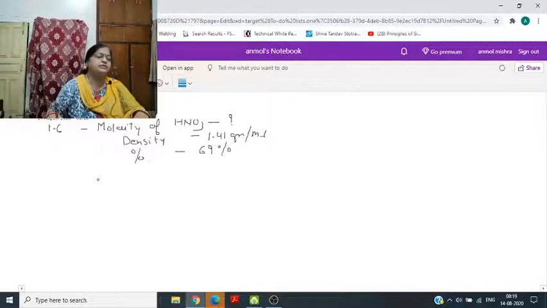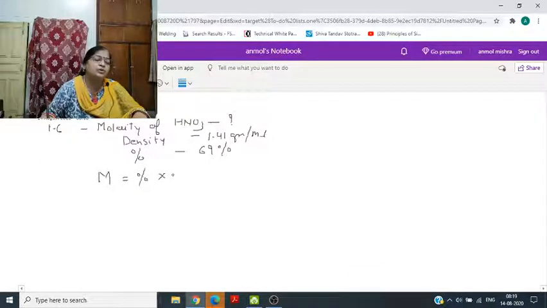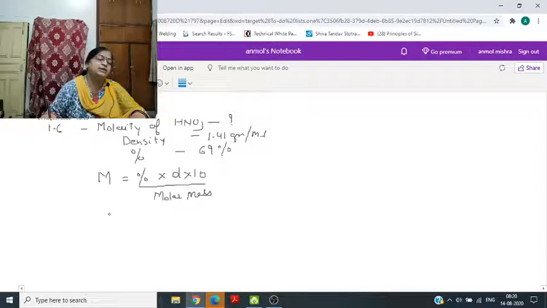So again I will give you the formula. Molarity is equal to percentage into density into 10 by molar mass. So that is equal to 69 into density 1.41 into 10 by molar mass for nitric acid, which is 63.